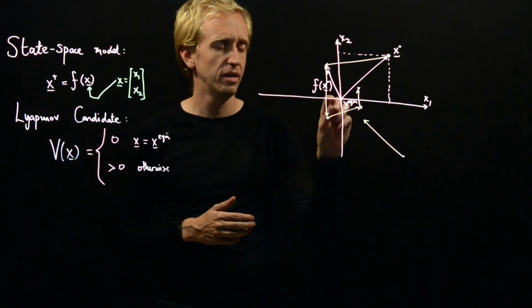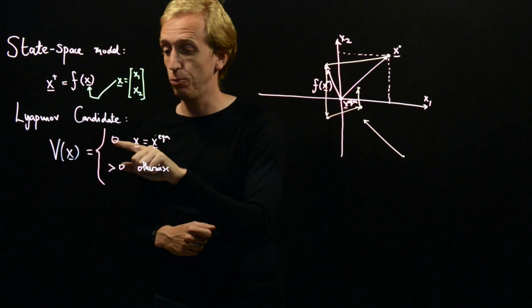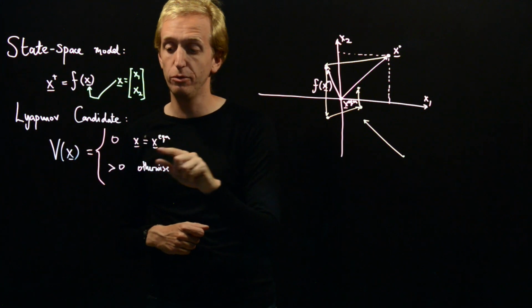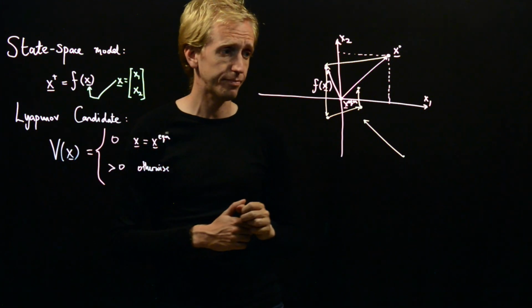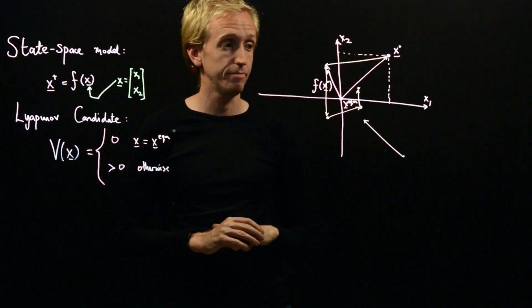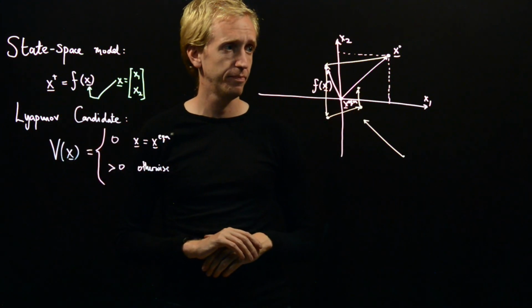And more than that, you have to assign the number 0 to the equilibrium point. So if we evaluate our Lyapunov candidate at the value in our state space equal to our equilibrium point, it gives the number 0. How about all the other points? Well, it gives them some positive number. And if you're a function that satisfies that, you're a Lyapunov candidate.